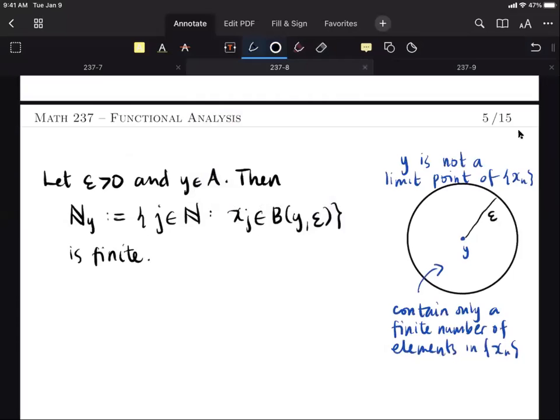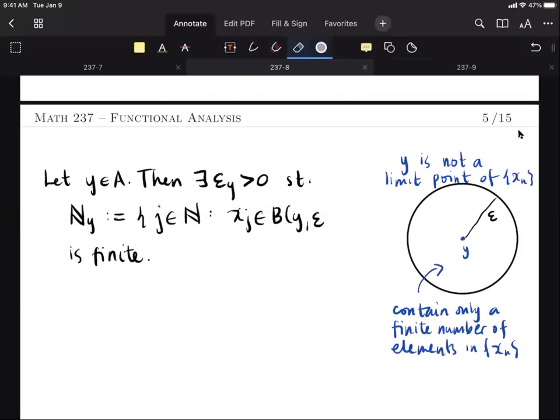The epsilon can be large, so that's why we need to replace this by the following. So let y be in A, then there exists, let's say, epsilon sub y, positive, such that this one is finite.